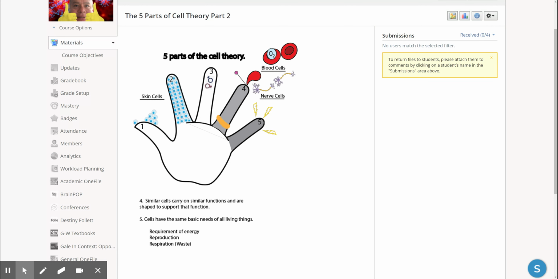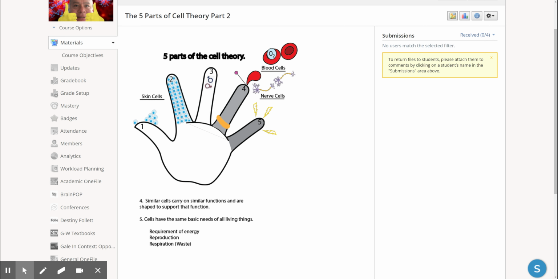So to recap very quickly, the 5 parts of cell theory: finger number 1 is all organisms are made of one cell or more cells, unicellular or multicellular. Finger number 2, the cell is the smallest unit of an organism.